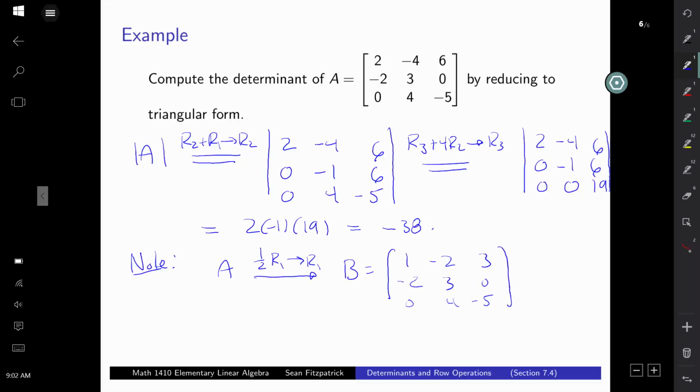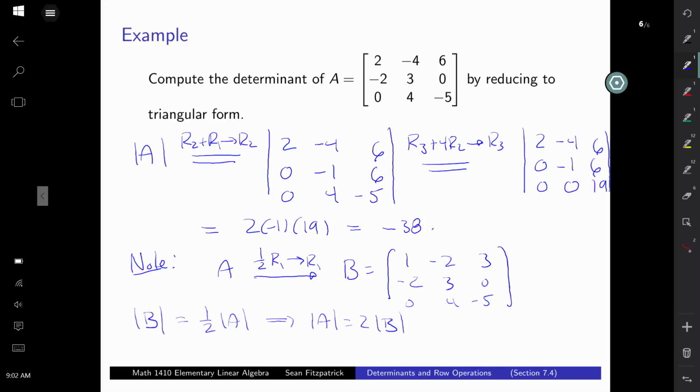So the rule here is that the determinant of B is 1/2 the determinant of A. And that means that the determinant of A is 2 times that. So this is where you can get mixed up, right? You might want to put the 1/2 out front when you do this row operation, but really what you should be putting out front is a 2.